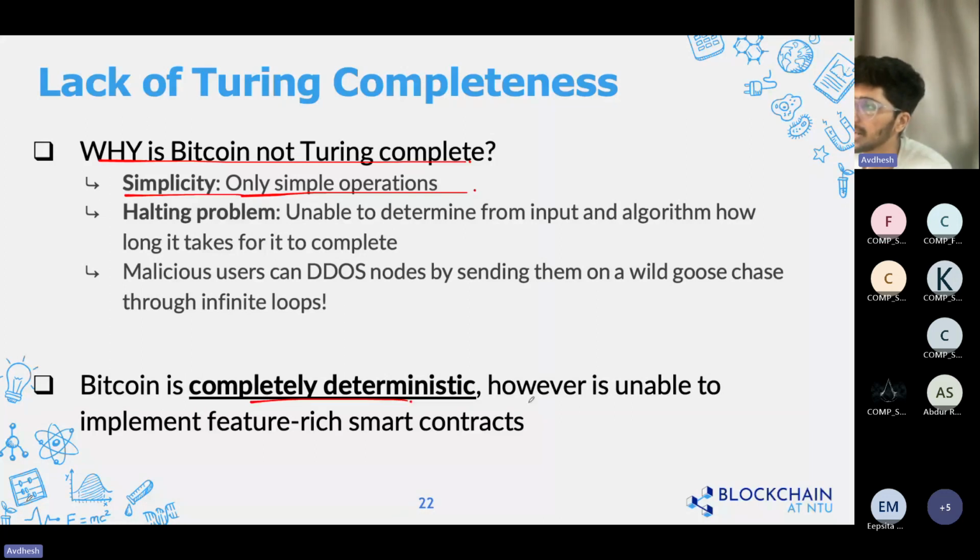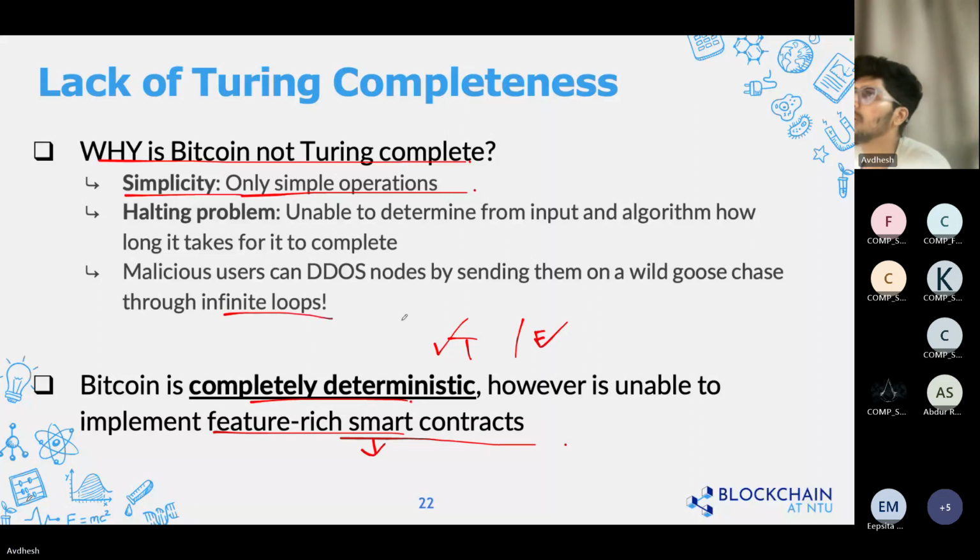That means you can determine what the answer could be, because it's just true or false, which is determined. However, it is unable to implement feature-rich smart contracts. It cannot enable loops and all.